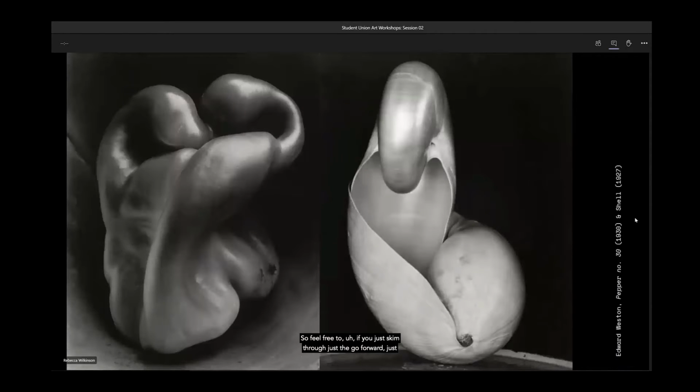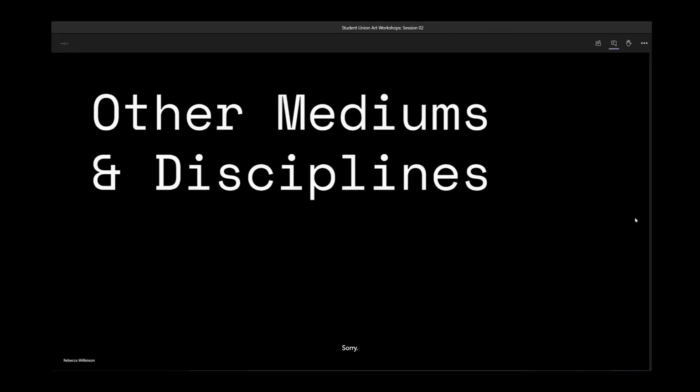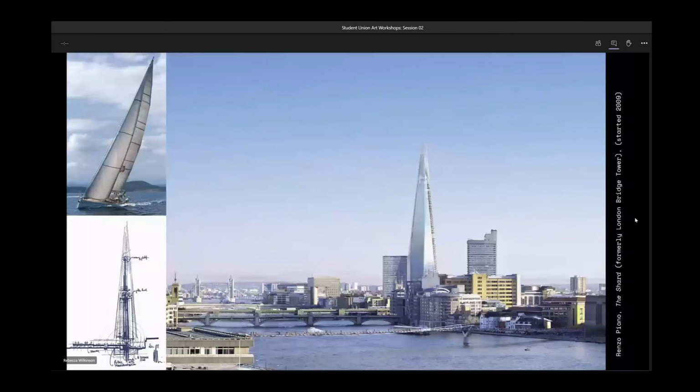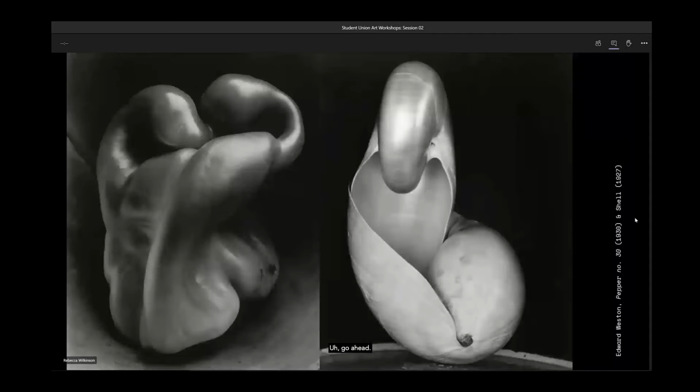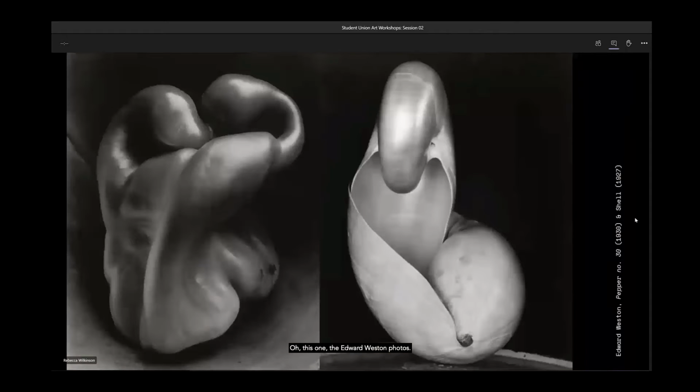If you just skim through, just stay 2 seconds on each slide. Sorry. Okay, yeah, let me know. Next one. Yeah. This one? Go ahead. Next one. It was the one before they wanted to see. Oh, this one, the Edward Weston photos? Yeah. Great. Could someone read out the question? That'd be super helpful. They just wanted to see the slide.